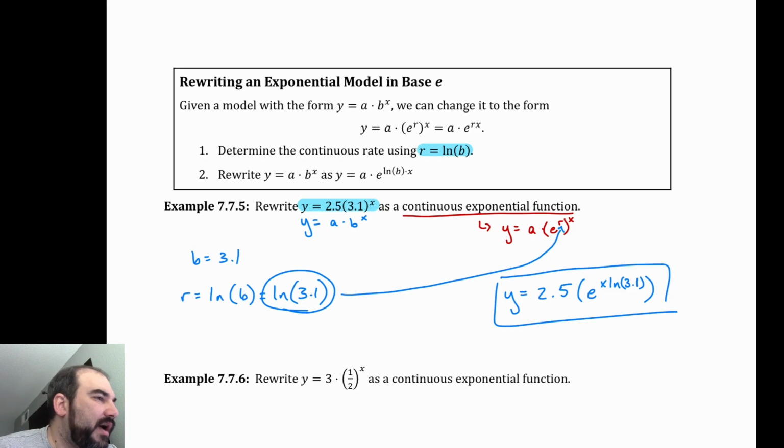I haven't looked at the homework, but if the homework asks you to round r to a certain number of decimal places, then you would obviously do that instead of leaving it as natural log of 3.1. Let me see what it says real quick.